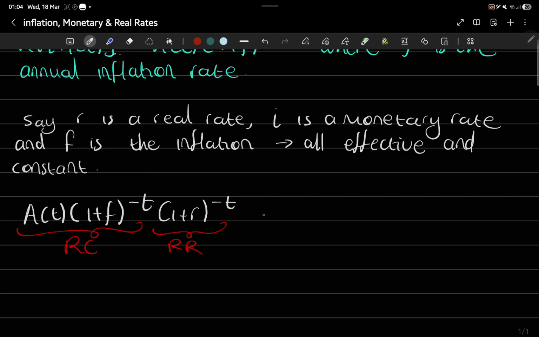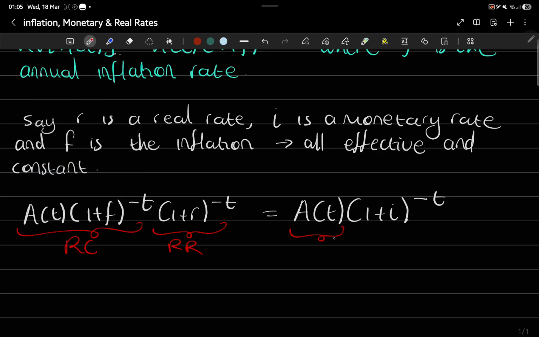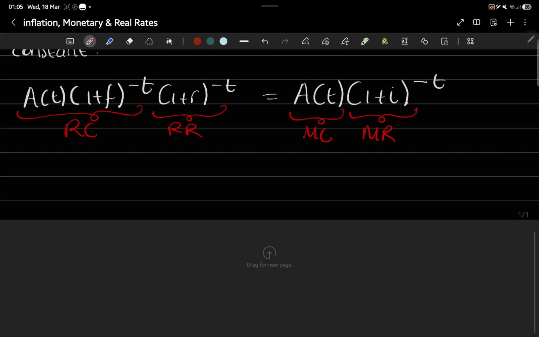And this is equal to just At (1 plus i) to the power of minus t. This is a monetary cash flow, which we present value using the monetary rate.